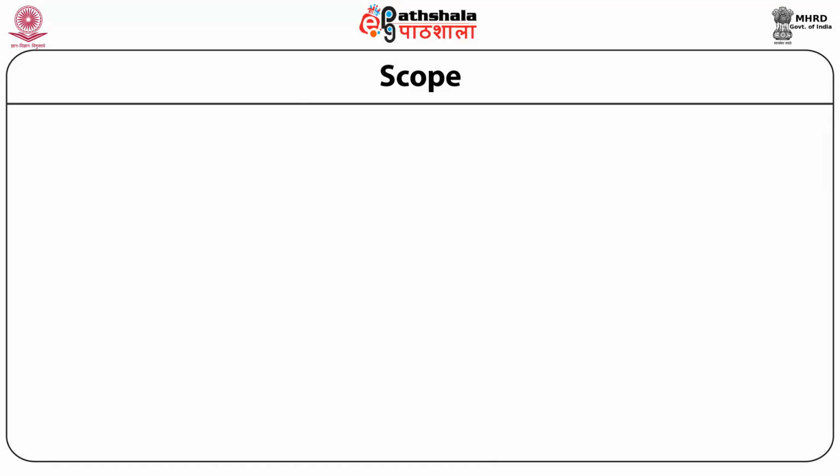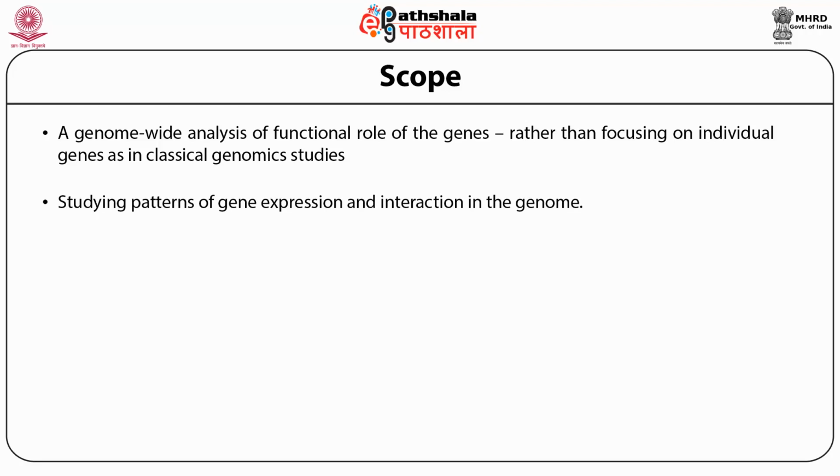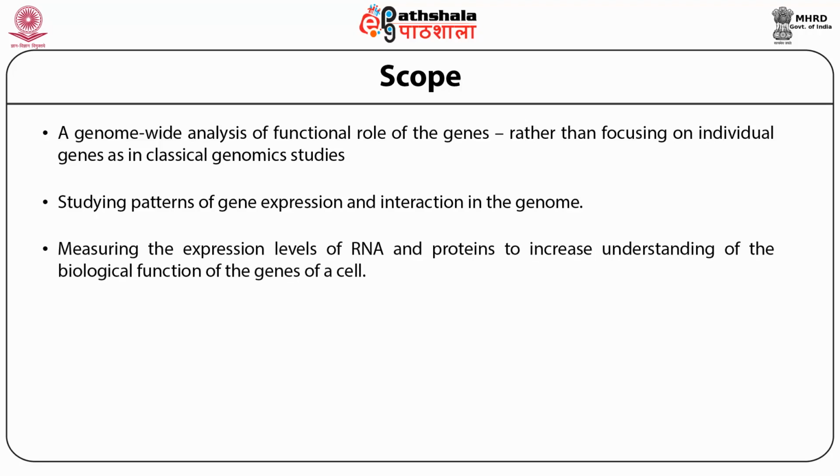The focus of functional genomics is on a genome-wide analysis of functional role of the genes, rather than focusing on individual genes as in case of classical genomics. It includes studying the patterns of gene expression, interaction at the genome level, and measuring the expression levels of RNA and proteins produced.